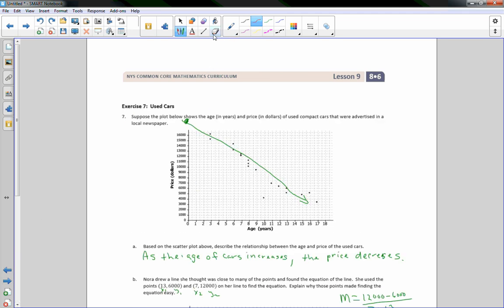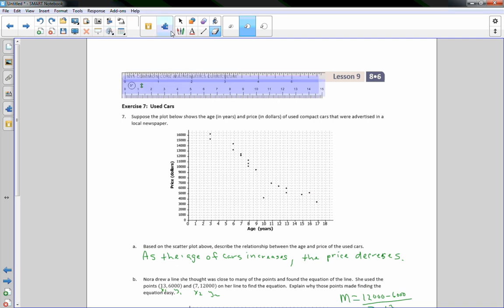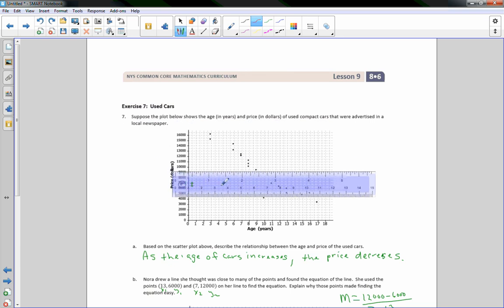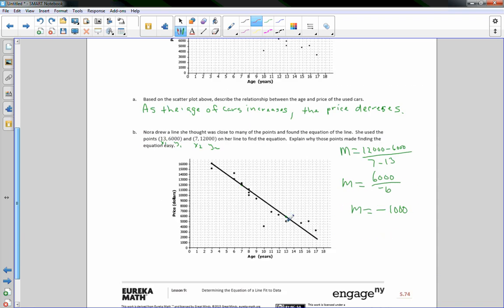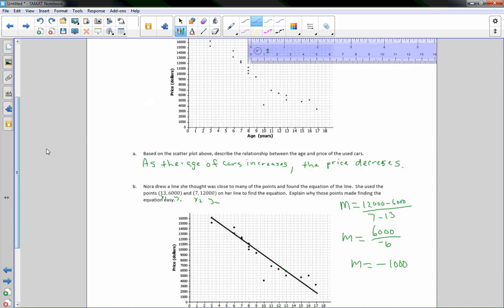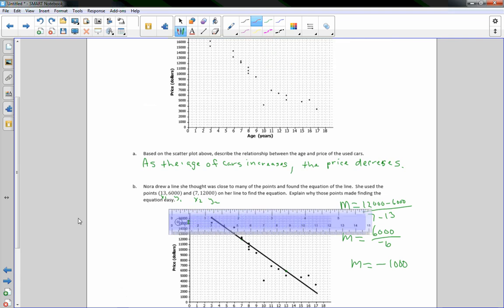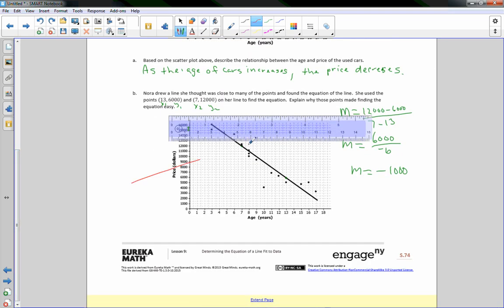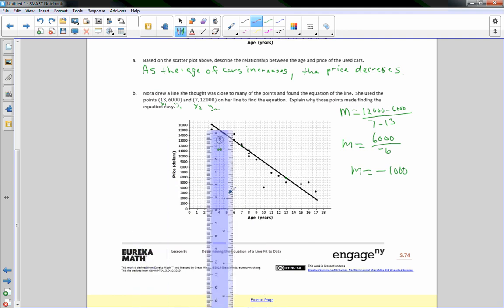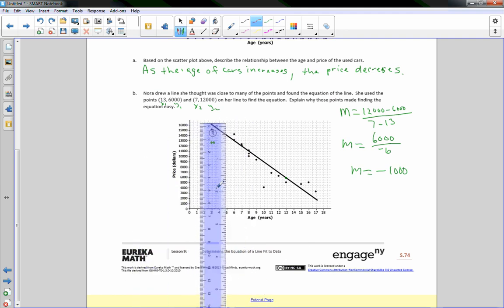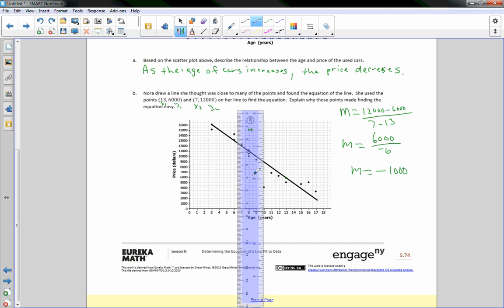So I'm going to go back here. Let me get rid of this. Okay, let me get my ruler. And I am going to actually draw that line, and I'm going to use the points that she used. Actually, it's already done somewhere. Where is it? Right here. Which one is furthest? So I still want my ruler. So what I'm going to point out to you is, if I rotate my ruler like so, I'm looking for the one that is the furthest away.